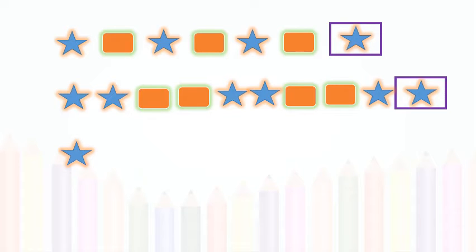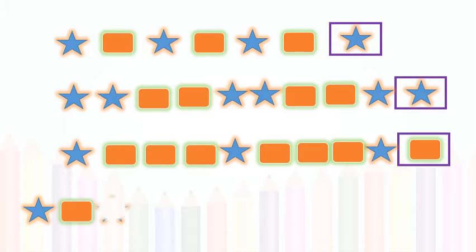Okay, now next picture: star, rectangle, rectangle, rectangle, star, rectangle, rectangle, rectangle, again star. So what should be here? Yes, you are right. It should be a rectangle. Correct? Because one star, three rectangles.